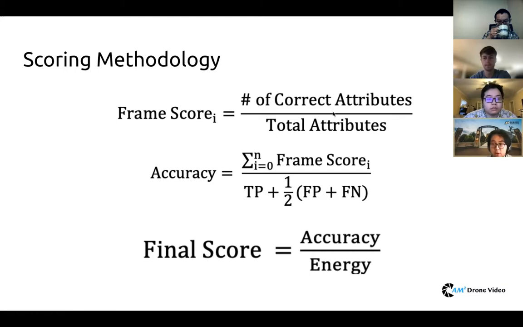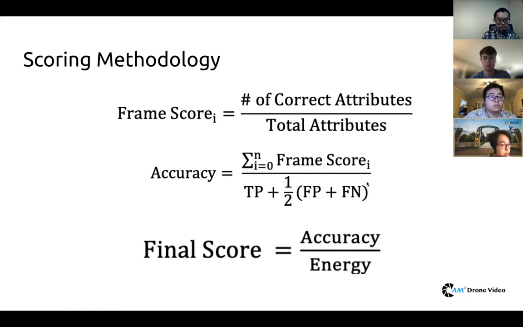After we calculate this for all frames, we get a sum of the frame scores, and it's divided by the true positives, which means the total number of correct frames within the time threshold, plus 1/2 times false positives, which means you include a frame number in your submitted answer, but in the real video, the ball doesn't change hands at this frame, plus false negatives, which means the ball changed hands, but you didn't detect it and it's not in your submitted CSV file.